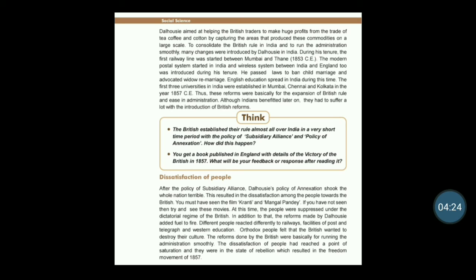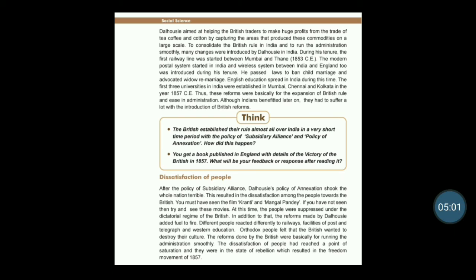In addition to that, the reforms made by Dalhousie added fuel to the fire. Different people reacted differently to the railway, post and telegraph facilities and western education. Orthodox people felt that the British wanted to destroy their culture.